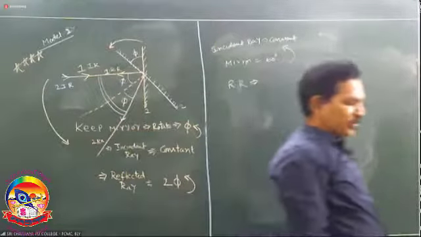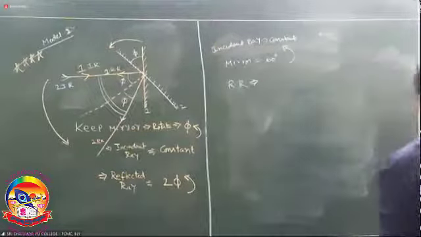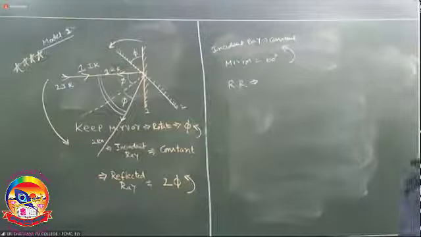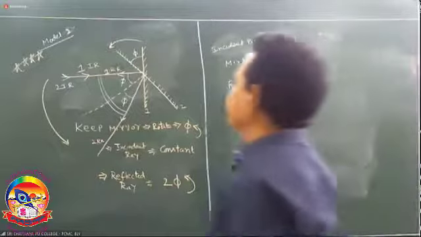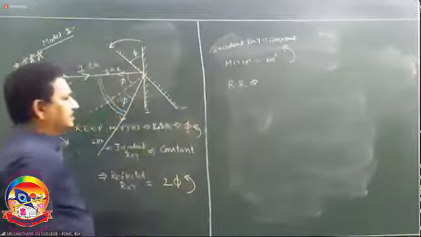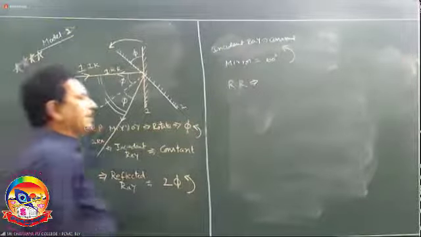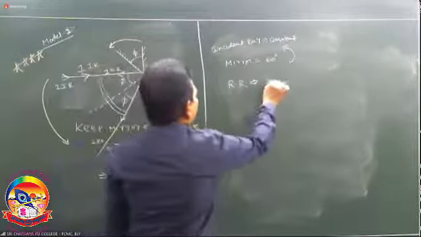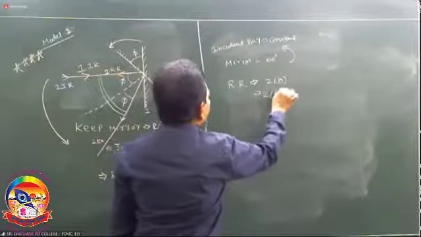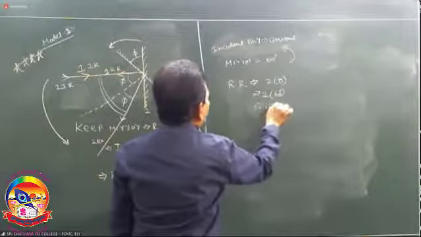No need to draw the ray diagram because I know the concept. If the incident ray remains constant, then the reflected ray rotates by 2 theta, 2 into 60, that is 120.